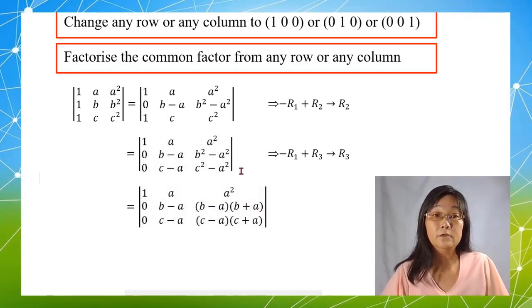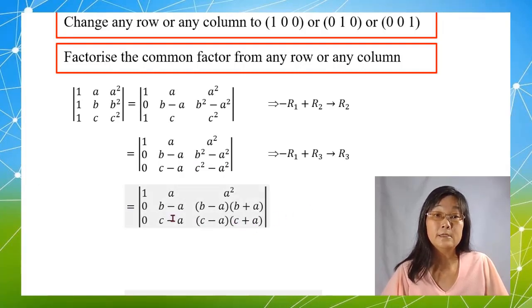And for the third row, I can see that there is one common factor, that is C minus A. But before this, I need to factorize C squared minus A squared into (C minus A) multiply (C plus A).